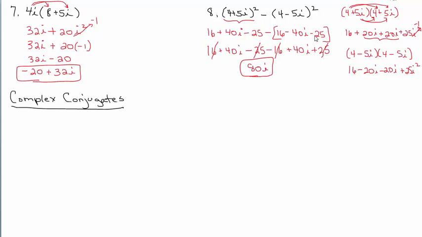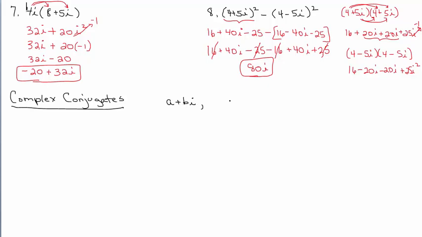All right, continuing our work with complex numbers, the next topic is looking at complex conjugates. If you're given a complex number in standard form, and you were asked to write down its complex conjugate, complex conjugate just means that you're changing the operation between the real part and the imaginary part.